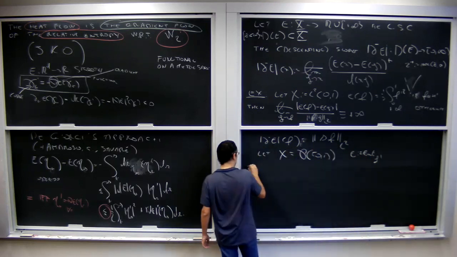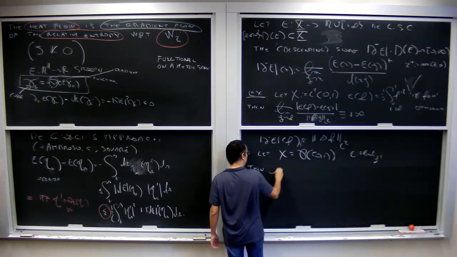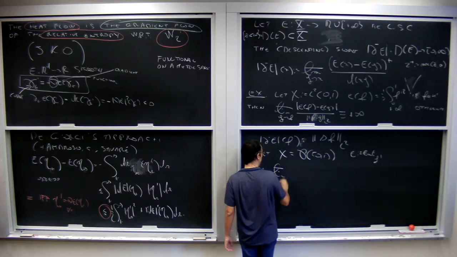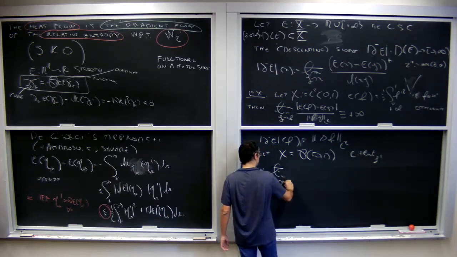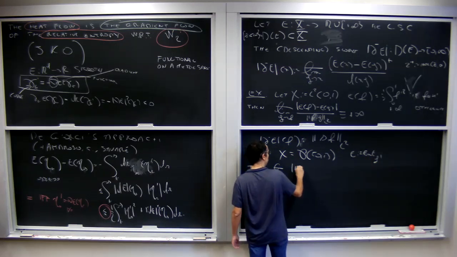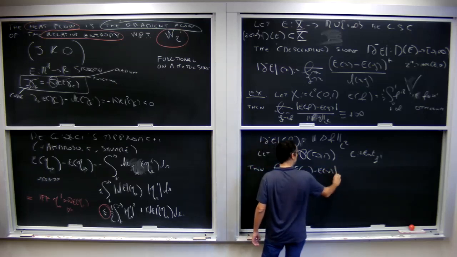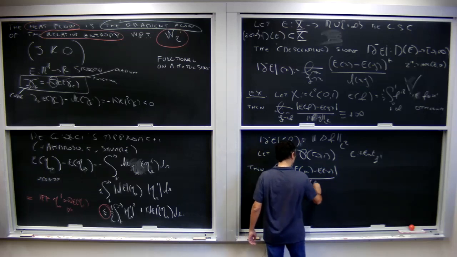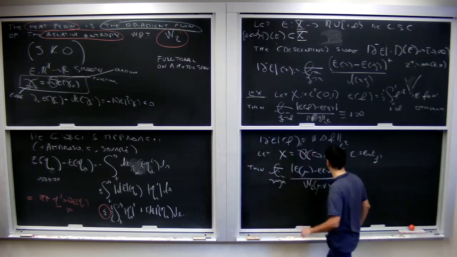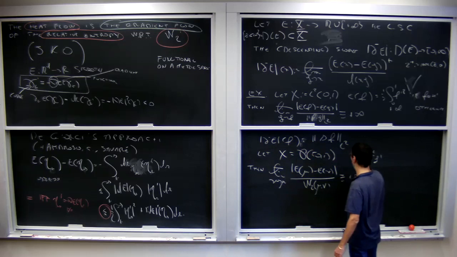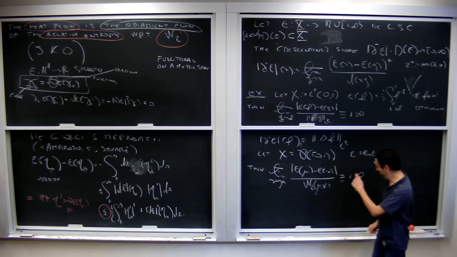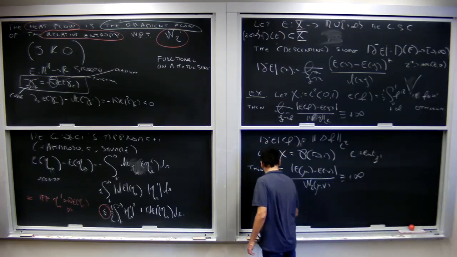Then the lim sup, even in this case, as nu goes to mu of the absolute value of the entropy of nu minus the entropy of mu, divided by their distance intended in the W2 sense, is identically plus infinity.